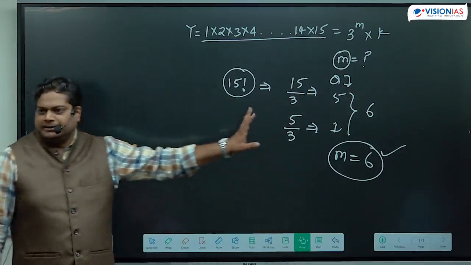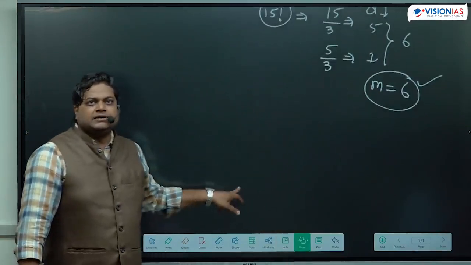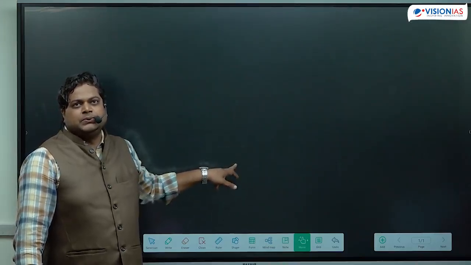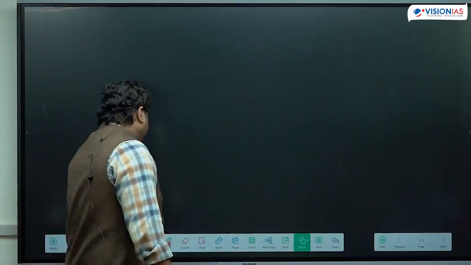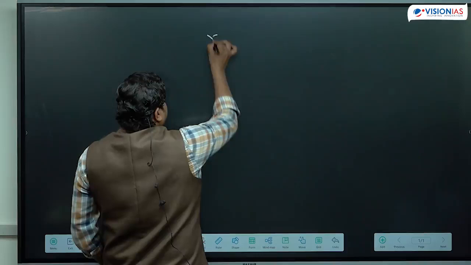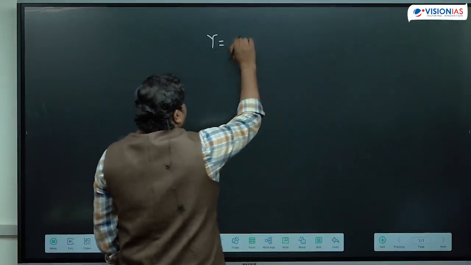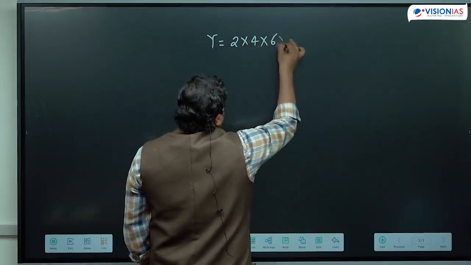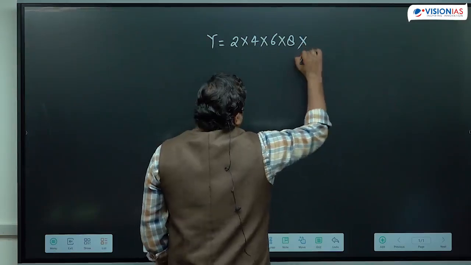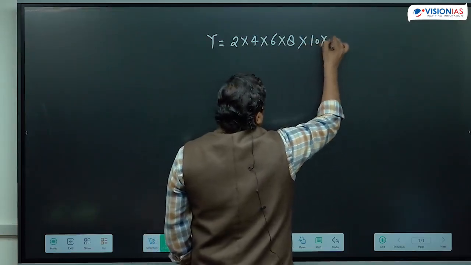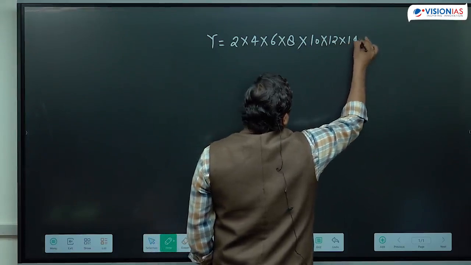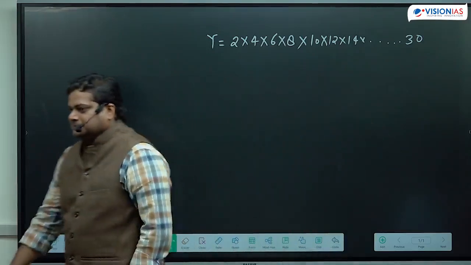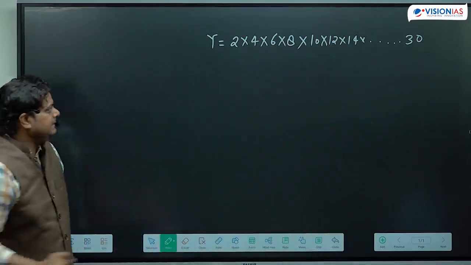Everyone is getting this idea? If there is not a series but only even numbers present, then what will we do? This way also questions can be framed. Y is equal to 2 into 4 into 6 into 8 into 10 into 12 into 14 till 30.